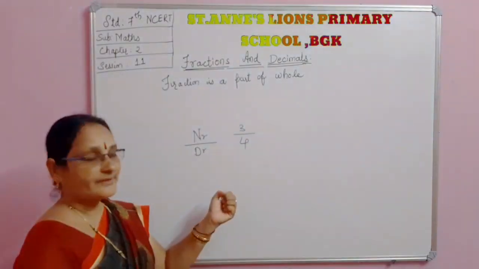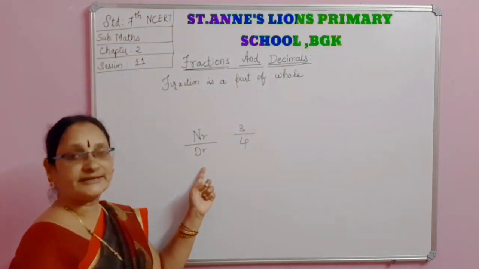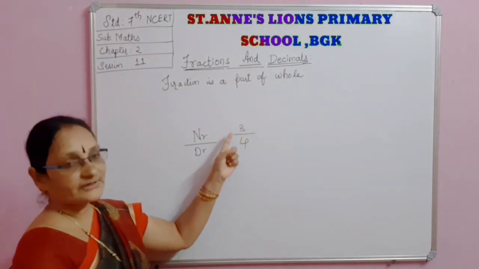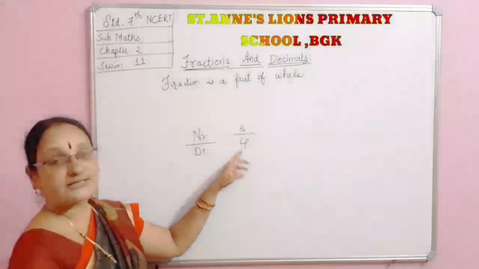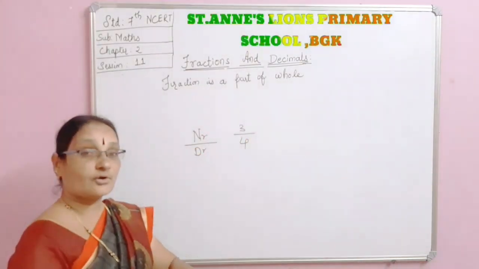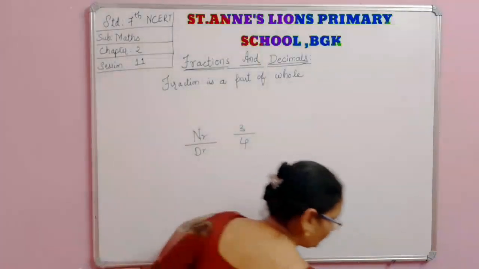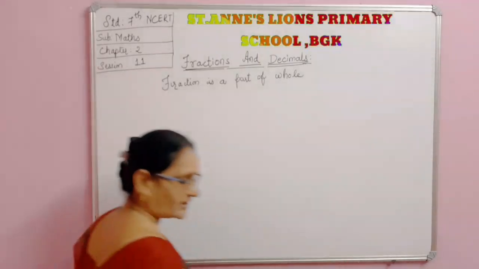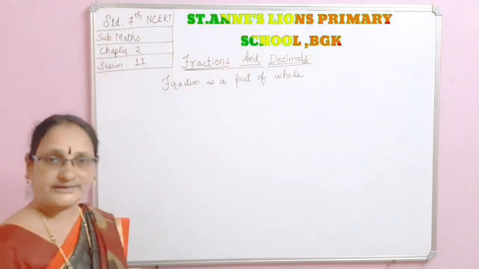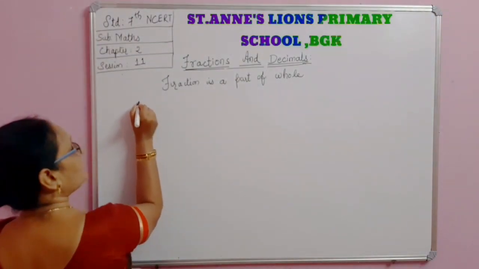Now we see. Suppose numerator is smaller than denominator. See this one, 3/4, numerator is smaller than the denominator. Such kind of fractions are called as proper fractions. Now we understood what is fraction and what is numerator and denominator and what is that bar. Now proper fraction. What is a proper fraction?